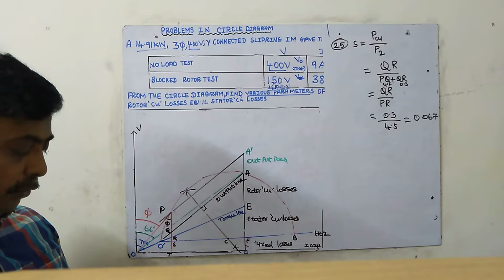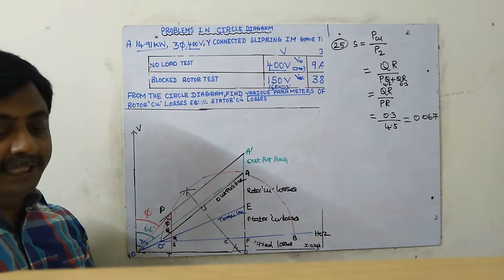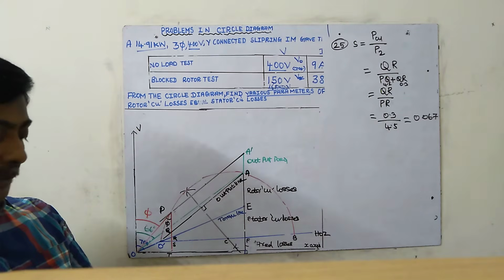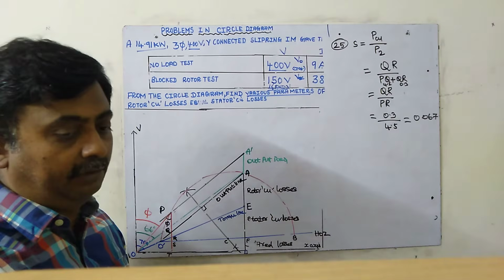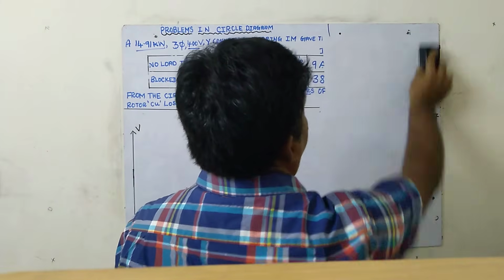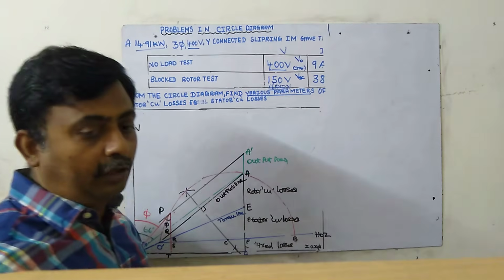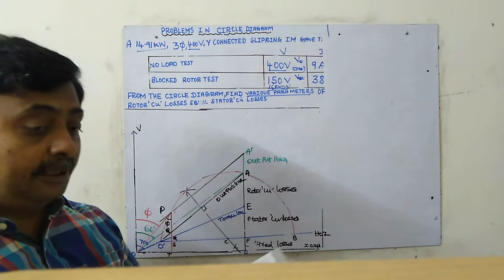Next, what are we going to find? The maximum quantities. Sometimes they will ask maximum input, maximum output and maximum torque. Three maximum quantities they will ask. From the examination point of view, among so many quantities they will ask only two or three, maximum four.